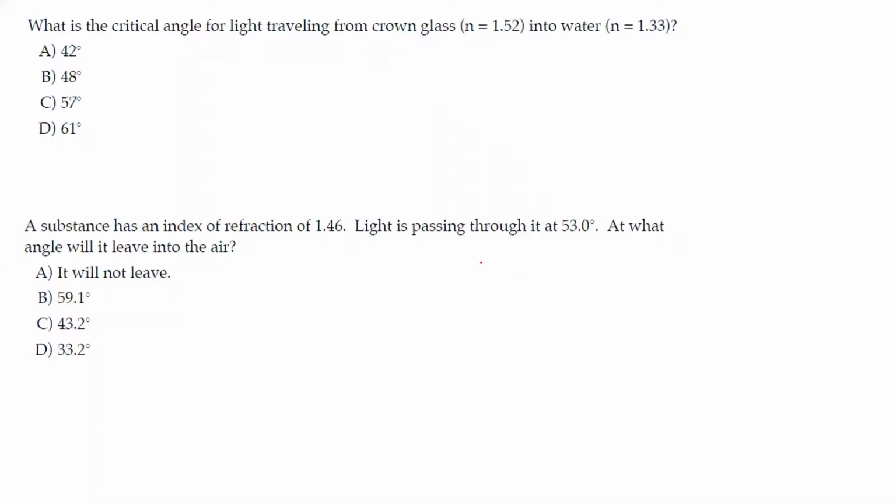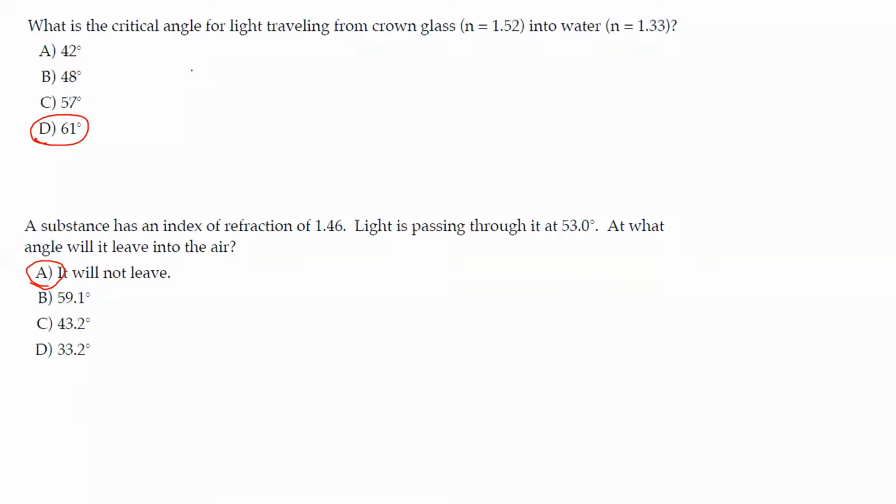The first one is just finding the critical angle. The second one is testing whether it's less or higher than the critical angle. Almost all your answers are correct. First I will mark the answers: for this one the answer is D, and for this one the answer is A.